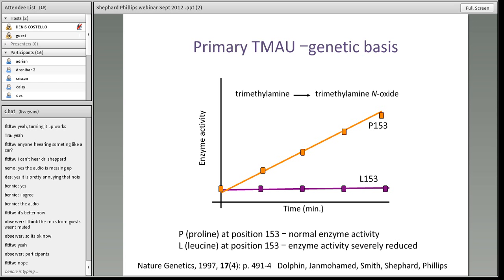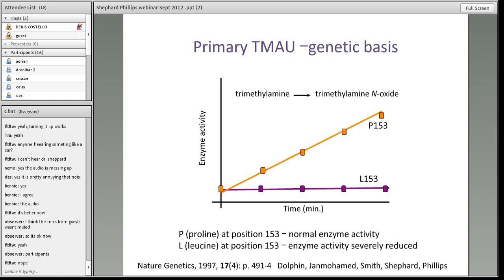So this enzyme is very good at converting trimethylamine to trimethylamine N-oxide. However, when we change that proline at 153 to a leucine at 153, you can see a dramatic change. The enzyme has practically no activity whatsoever.